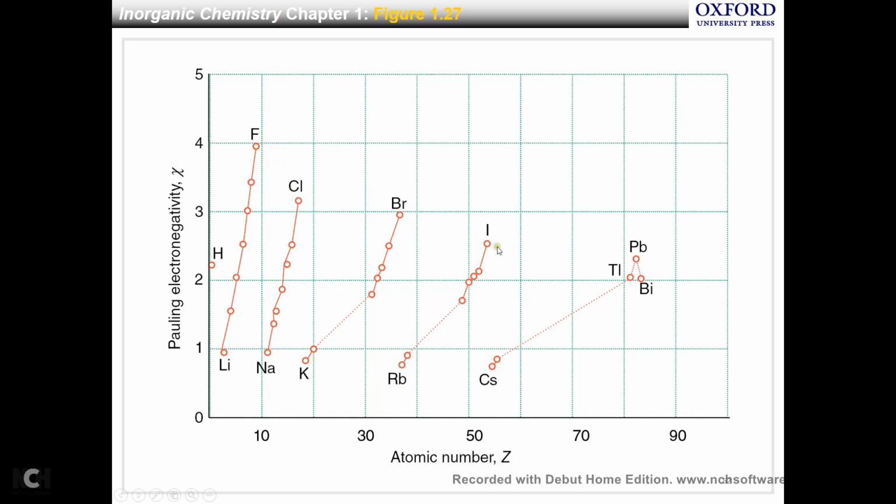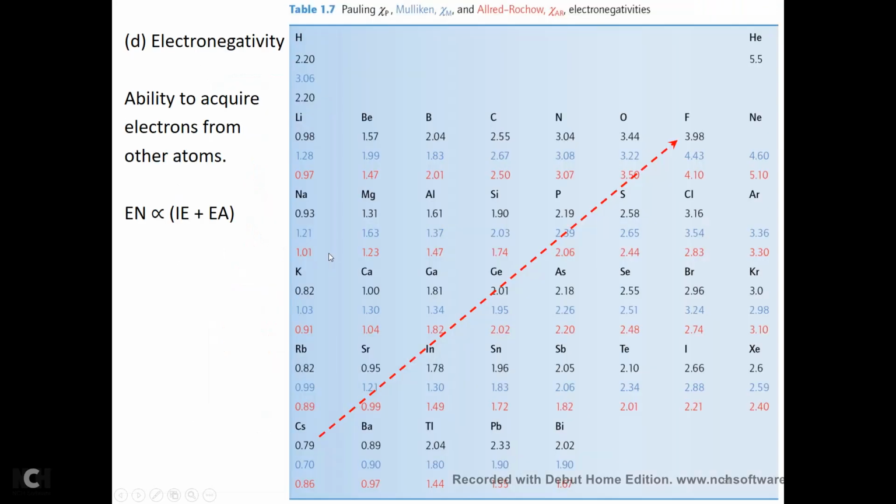This is oxygen, this is sulfur, it decreases. Well, there are exceptions, from here to here there are exceptions. So overall, the trend is from bottom left to top right, with some exceptions.